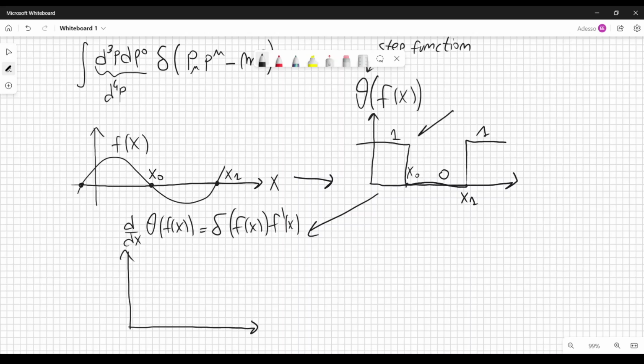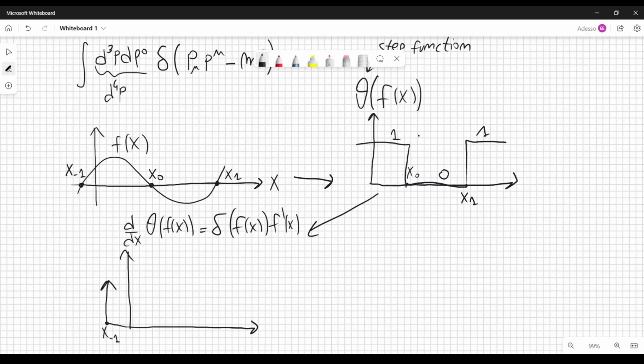And if we take the derivative here, what we are going to get is, so at this point, which I didn't give a name to, but for example, we can call it x minus 1. So at x minus 1, we are going to get a positive Dirac delta because slightly before this point the function is negative, and then slightly after this point the function is positive.